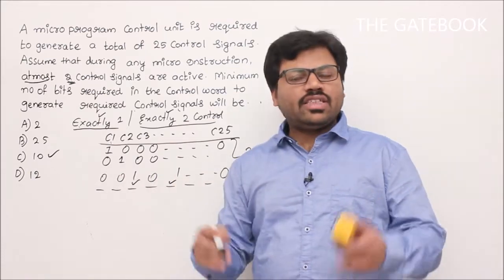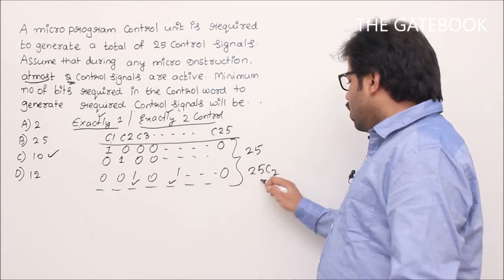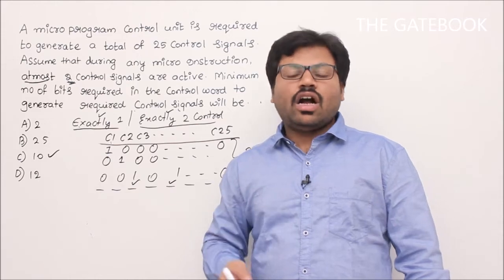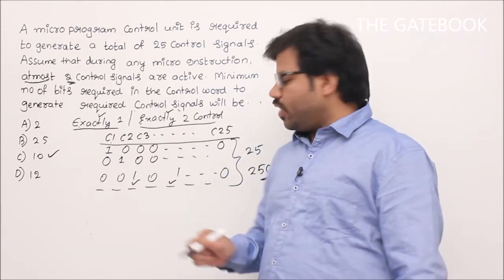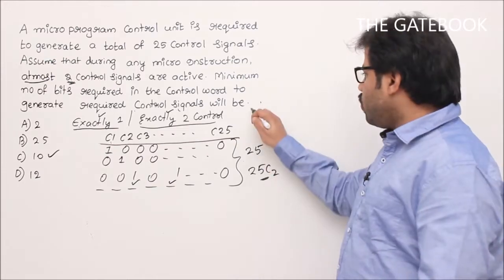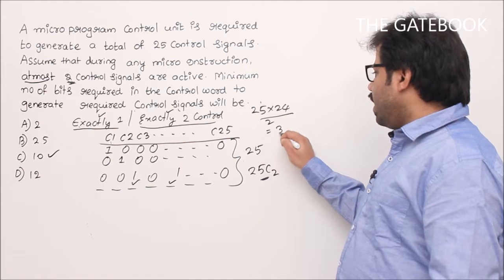How many ways can I do that? 25 C2 ways. Please attend my combinatorics lectures, where I taught how many binary numbers are possible with exactly two ones. 25 C2, if you simplify it, is 25 into 24 by 2, which is 300.